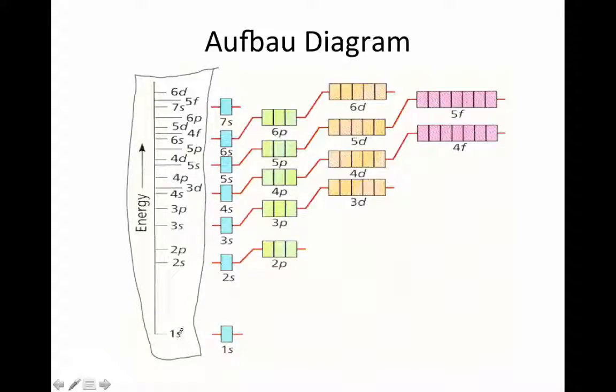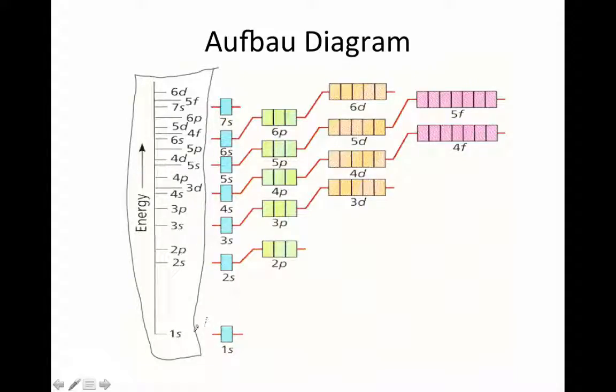In this case, now the floors have names. The first floor would be the 1S floor, and that floor has 1 room. The second floor is called the 2S floor, and that 2S floor has 1 room. The third floor is called the 2P floor, and that floor has 3 rooms.